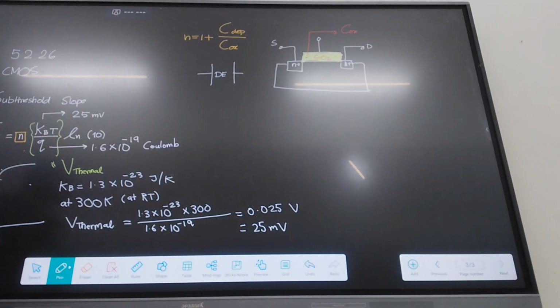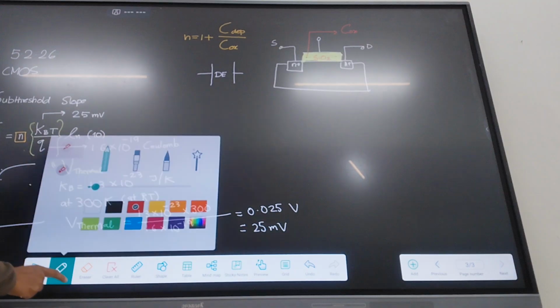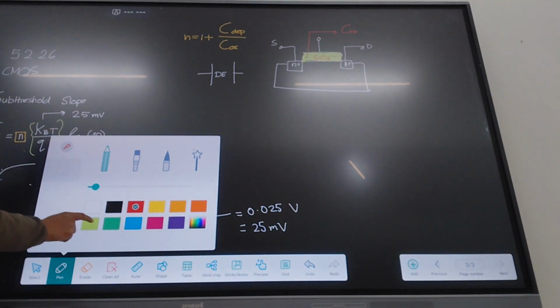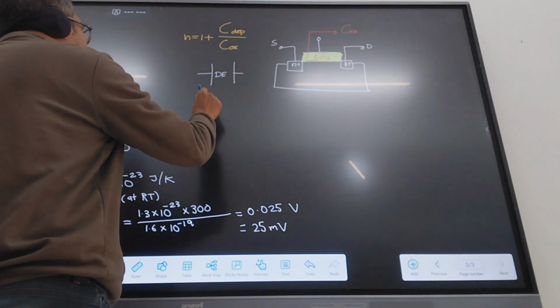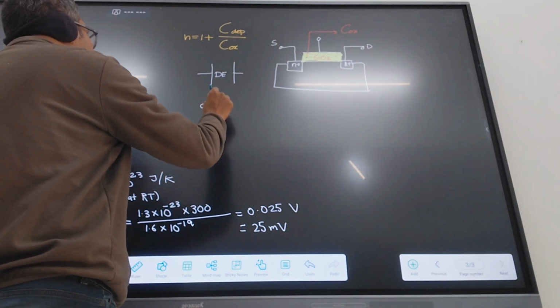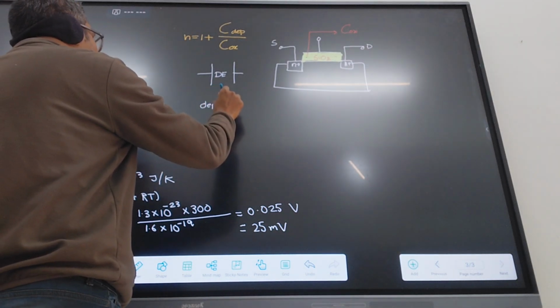Right. Now what is this Cdep? The word means depletion region.